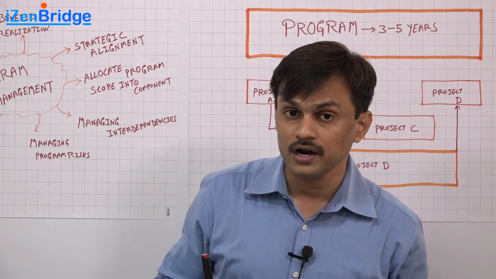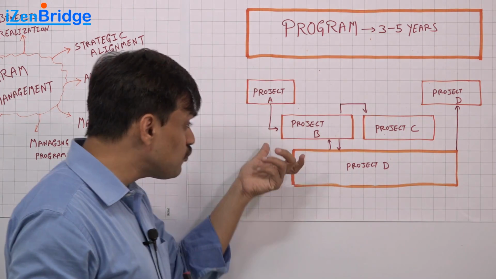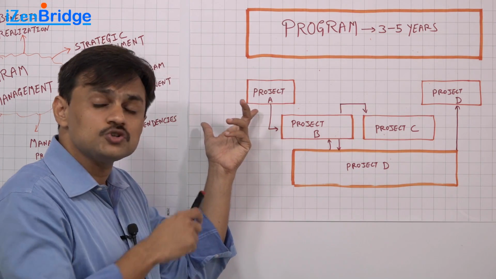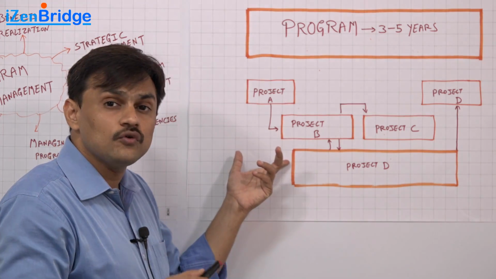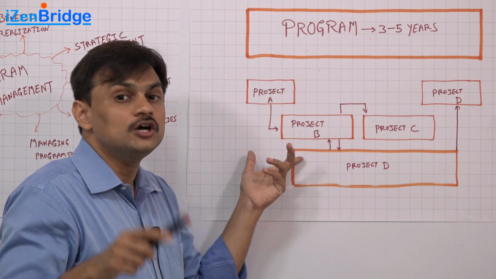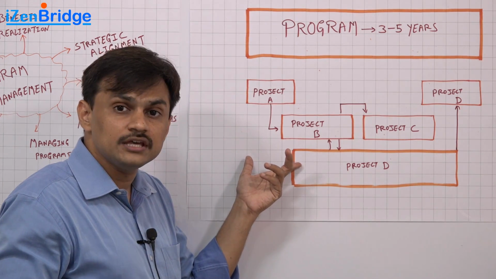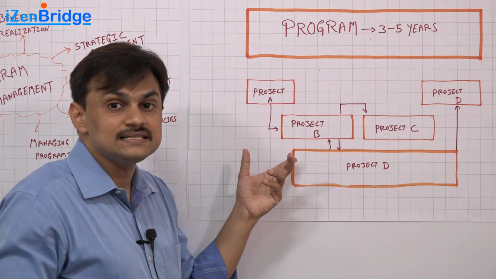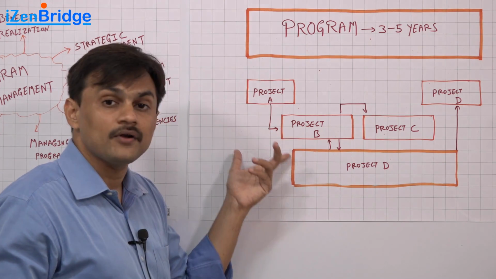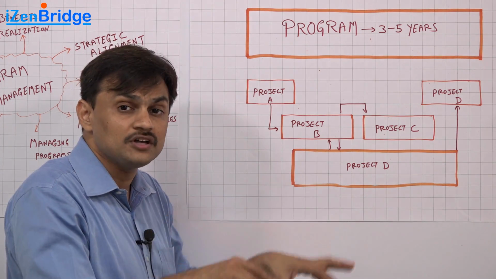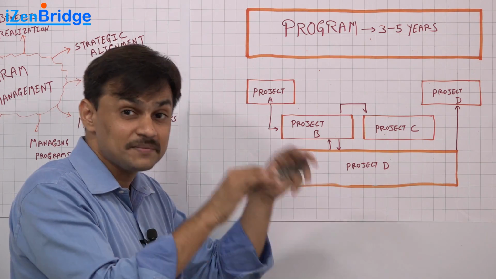If you are working as a program manager, you are not expected to focus on the work breakdown structure of a project. You are not expected to focus on allocating people to tasks. You are not expected to take care of detailed variance analysis at a project level. This is done by the project management team and the project manager.